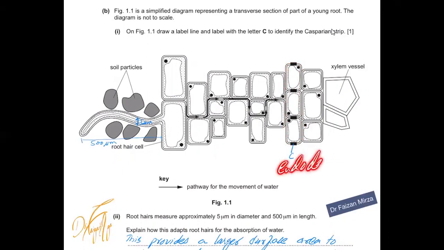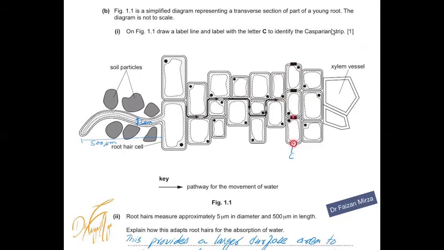And why would this be endodermis? Because we can recall that endodermis has the Casparian strip, and the Casparian strip has deposits of suberin, and this suberin prevents the apoplast pathway. So water entry into the xylem is prevented through the Casparian strip. The apoplastic pathway will be blocked here. So the only pathway that will allow water to keep on moving will be the symplastic pathway.